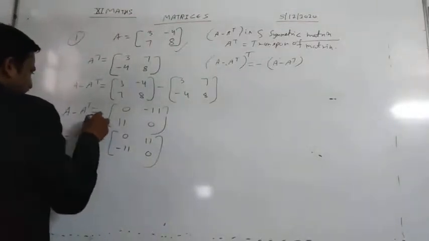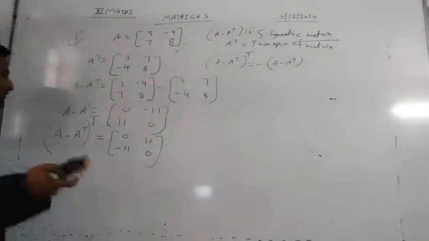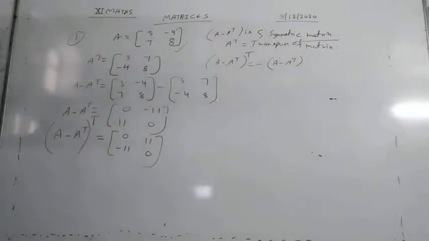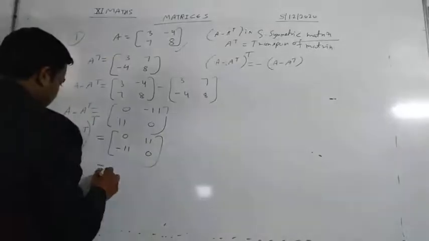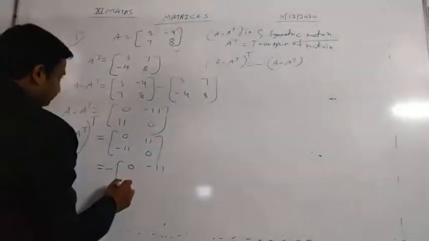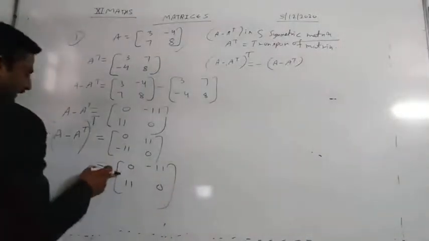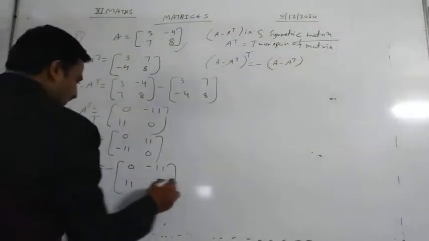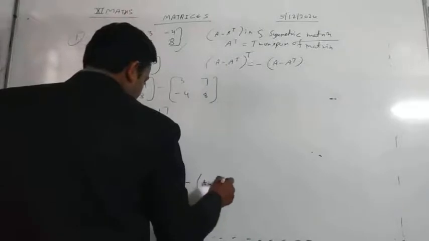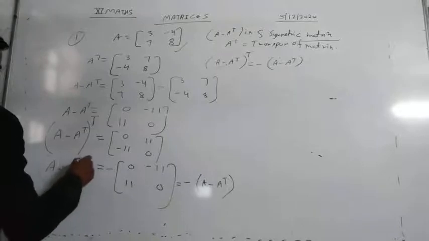When we write it, the entries swap positions, and this is the transpose of this matrix. Taking the minus sign outside, we get 0, minus 11, 11, 0, which is minus of A minus A transpose, and this is the transpose of A minus A transpose.